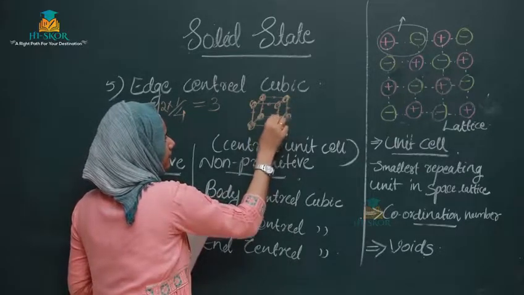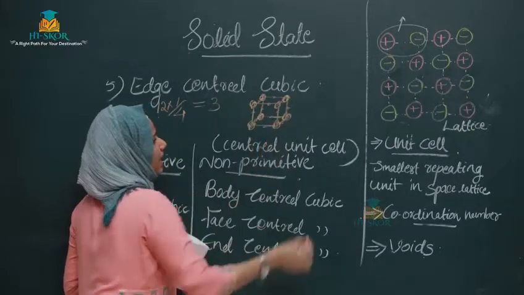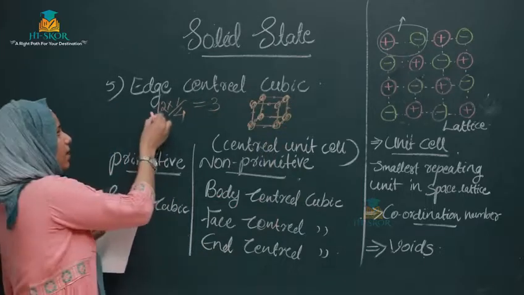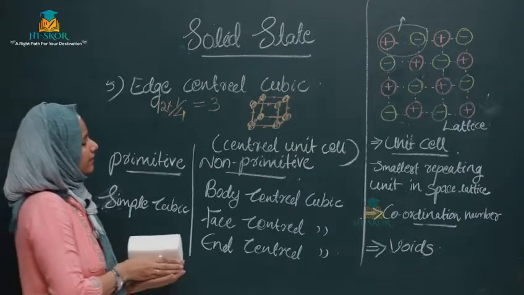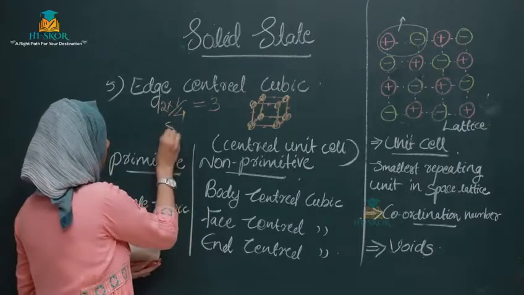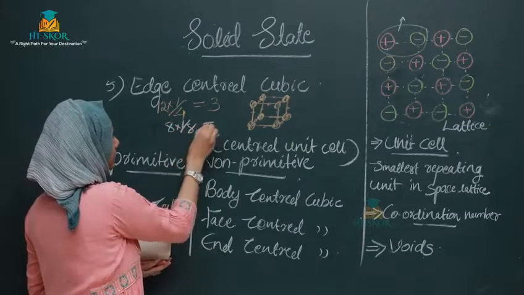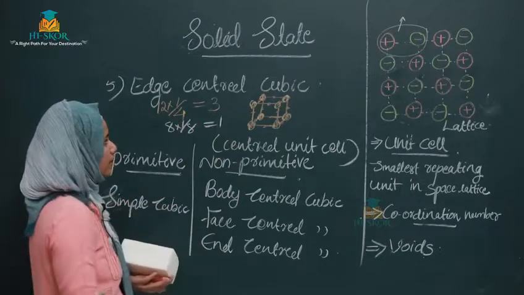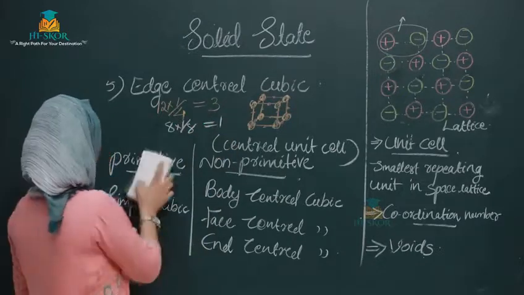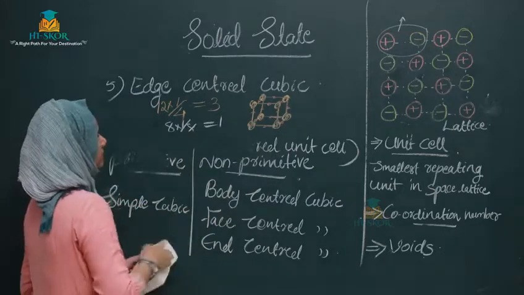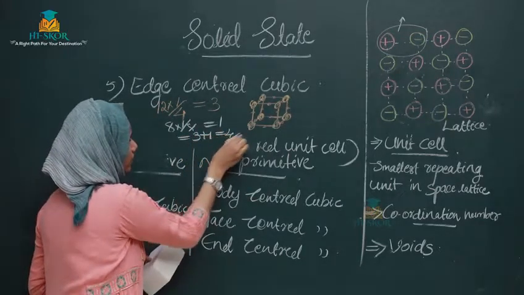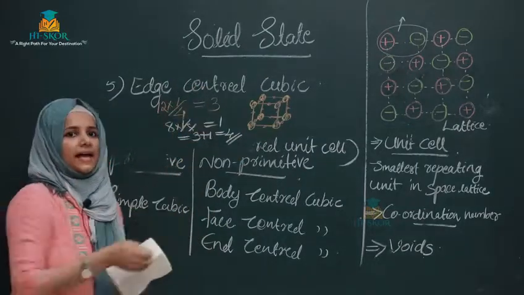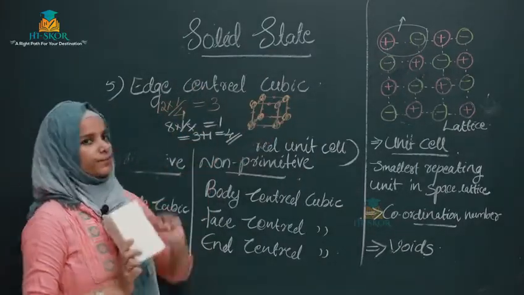Okay, so we have 12 edges here, 12 into 1 by 4 that is equal to 3, and in addition to that the particles are present at the corners also. So 8 into 1 by 8 is equal to 1. So total number of particles per unit cell is equal to how much? That is equal to 3 plus 1 is equal to 4. So this is another type. What do we call? Edge centered cubic.